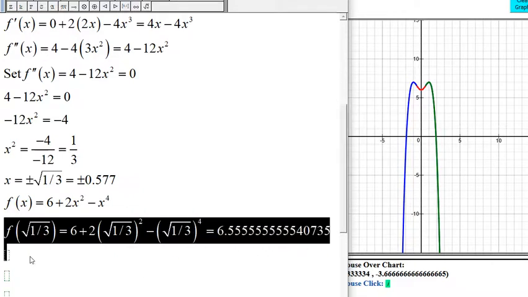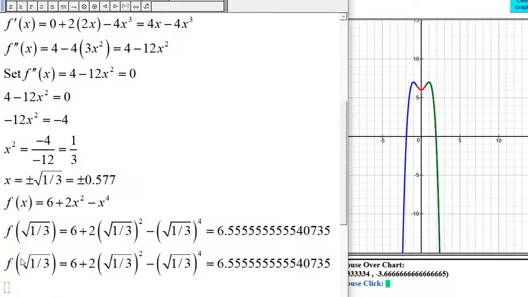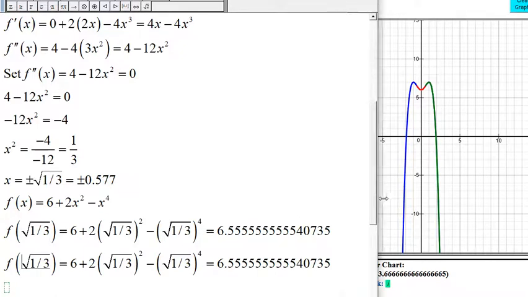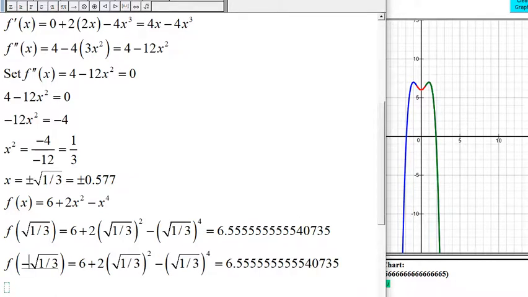And so similarly, if we do negative, that'll be the same thing.